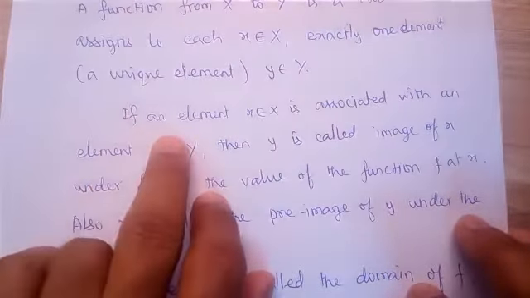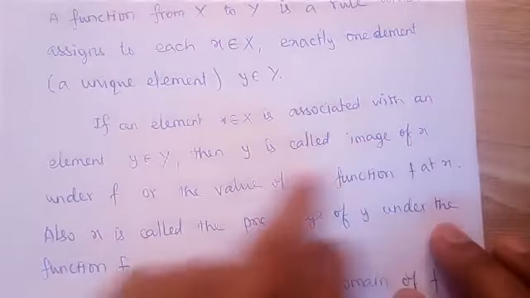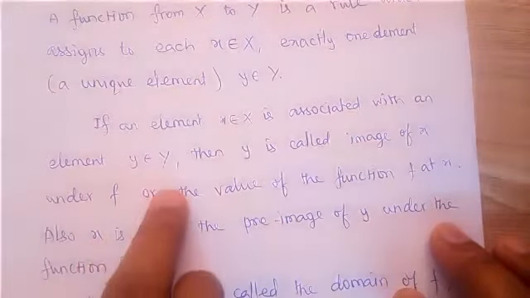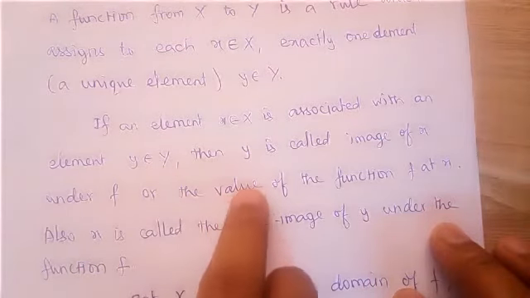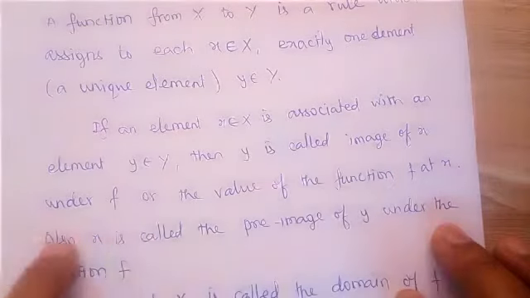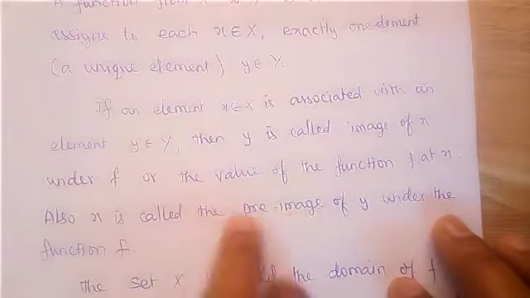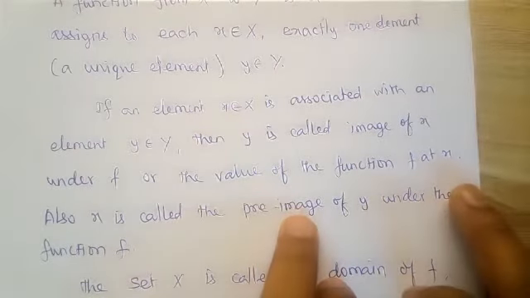If an element small x belonging to capital X is associated with an element small y belonging to capital Y, then small y is called the image of x under the function f, or the value of the function f at x.